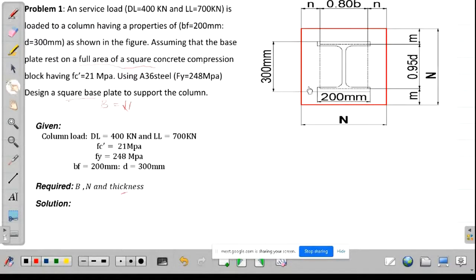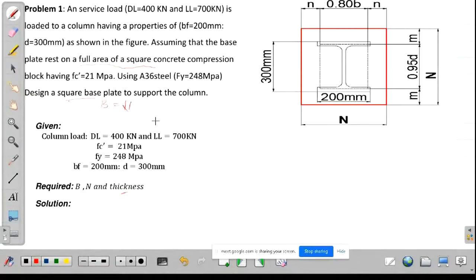Okay? So we have here the required and the given. Okay. So ano yung unang kukunin natin for our solution, for us to solve for our dimension ating square base plate?